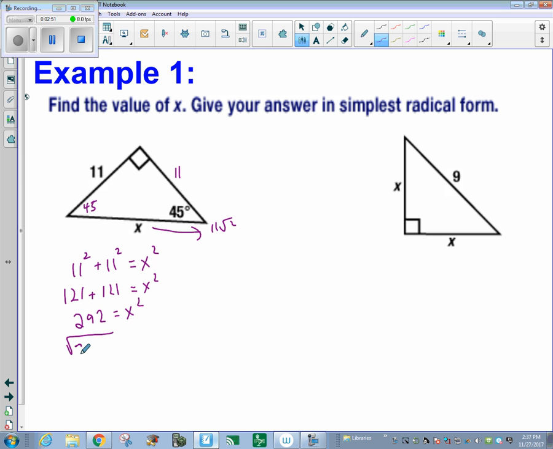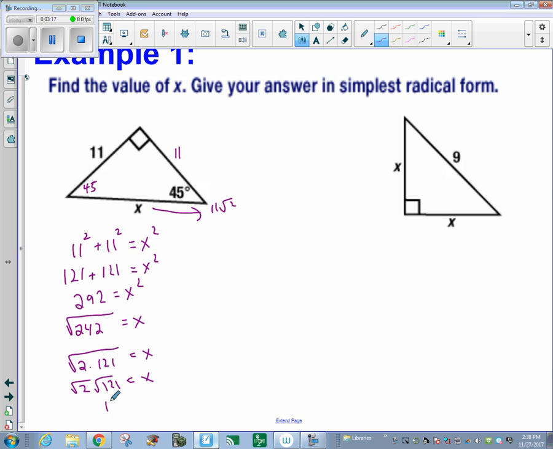The square root of 242 is x. To get to 242, I did 2 times 121, so I can take the square root of 2, multiply it by the square root of 121. That's the same value, and the square root of 121 is 11, so it's 11 root 2. So the shortcut saves us a lot of steps along the way.